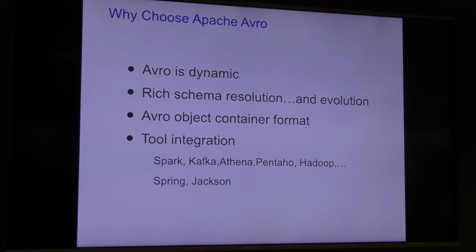There's the container format, if you're storing large amounts of data and need that data to be searched and accessed; like I said, Athena and Pig are great examples of that. And then tool integration. I listed the data tools. Spring's also got a Spring Avro implementation, and the Jackson implementation is really super simple to get going.